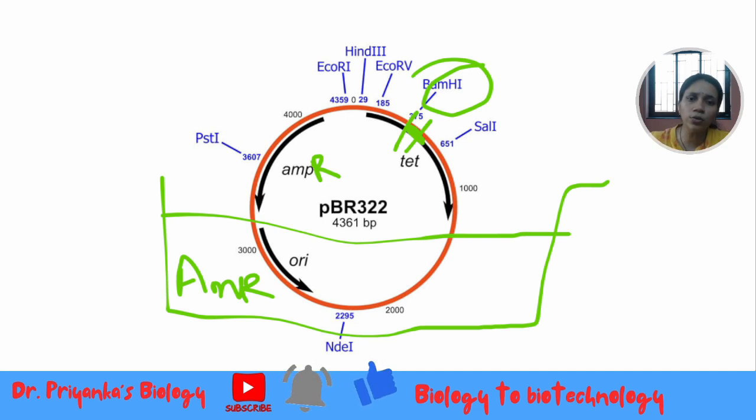So the first method of identification of the recombinant was insertional inactivation. The second method we have is replica plating. When we talk about replica, that means identical. Normally, those of you who look like your sisters or exactly like your mother, people must be saying, you are an exact replica of your mother or of your sister.